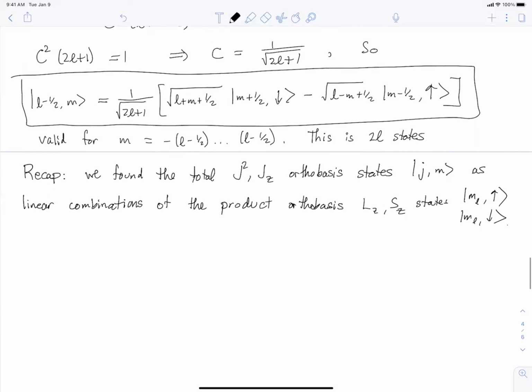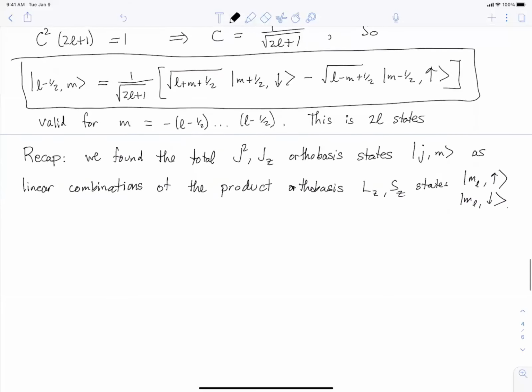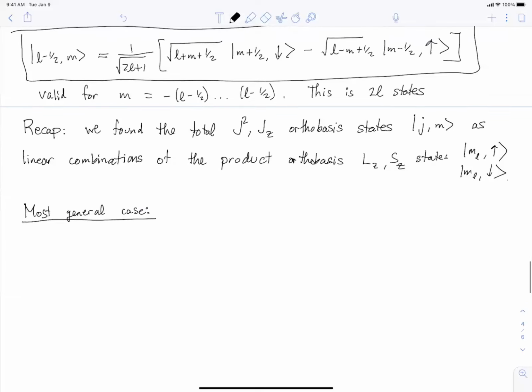All right, so now that we've done that, we're ready to set up the most general case, which we will start on next time. So the most general case is just any angular momentum that we can form out of any other two angular momenta. And by the way, you can do this recursively.